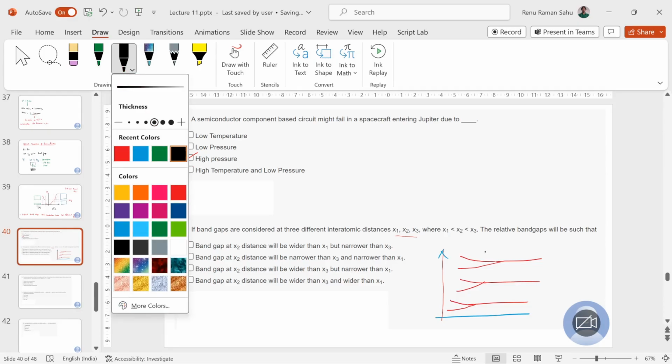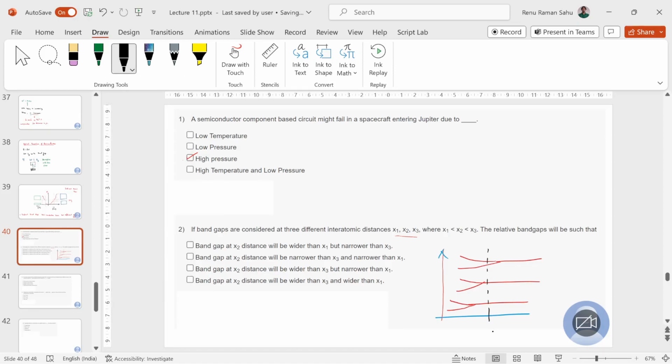So let me draw x1 here. x1 is lesser, right? So let's draw x1, x2, x3.